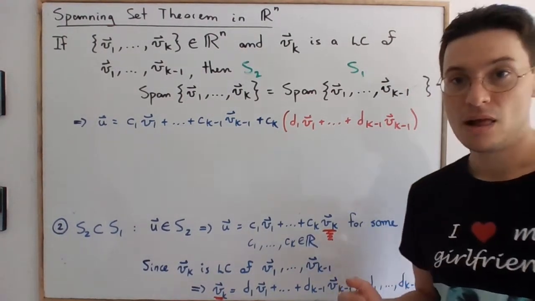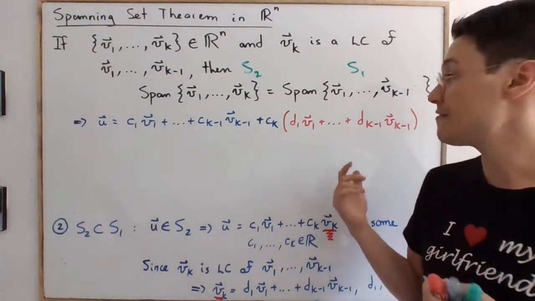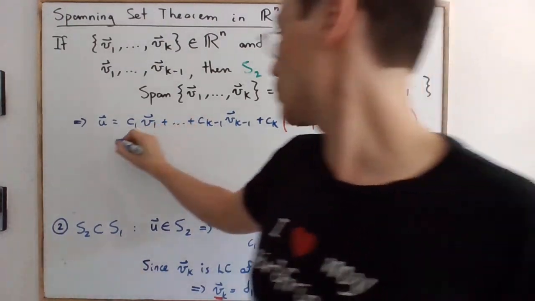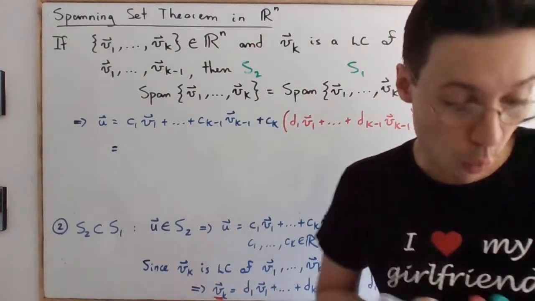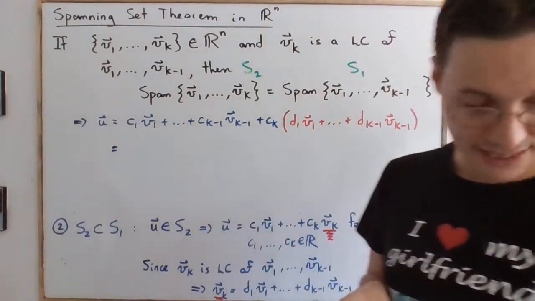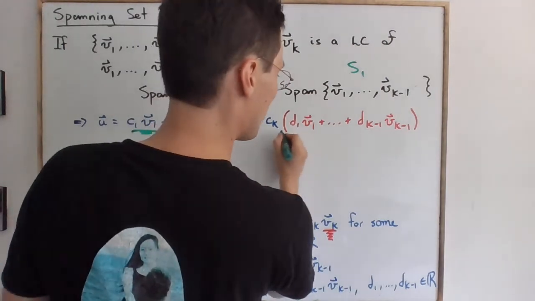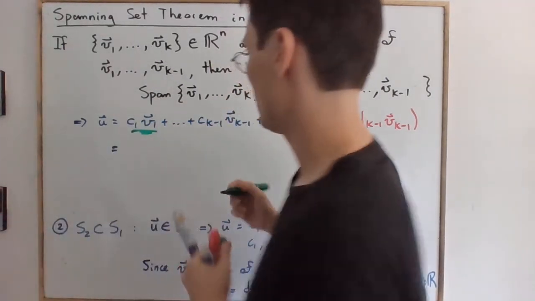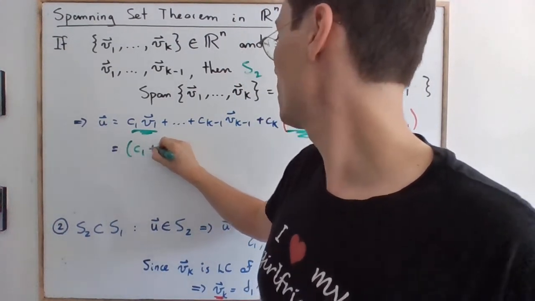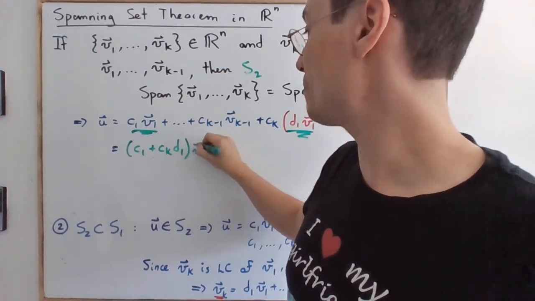Okay. Now, what we're doing is we're using the properties of vector addition and multiplication by scalar. And what we do is we collect the different weights together. So, for example, if we collect the weights of V1, right, we have one over here, and we have one over here. So what we're going to get in bracket C1 plus CK D1 multiplied by V1.